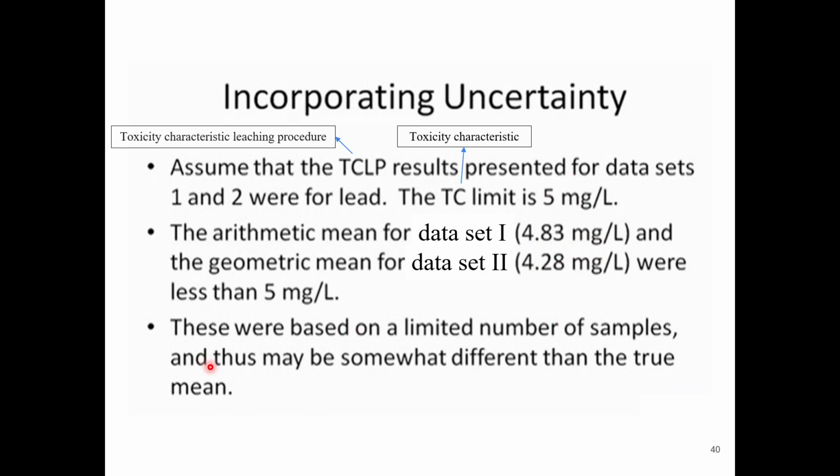Okay, these are based on a limited number of samples, and thus may be somewhat different than the true mean. Whatever values we got, it seems we are in a safe condition, because we have a value less than 5 milligram per liter.